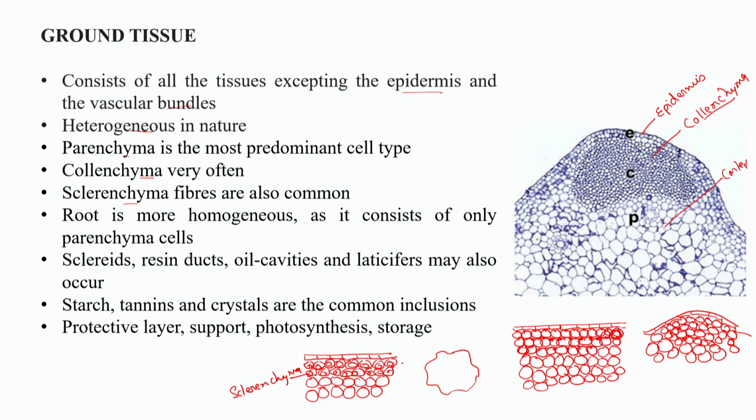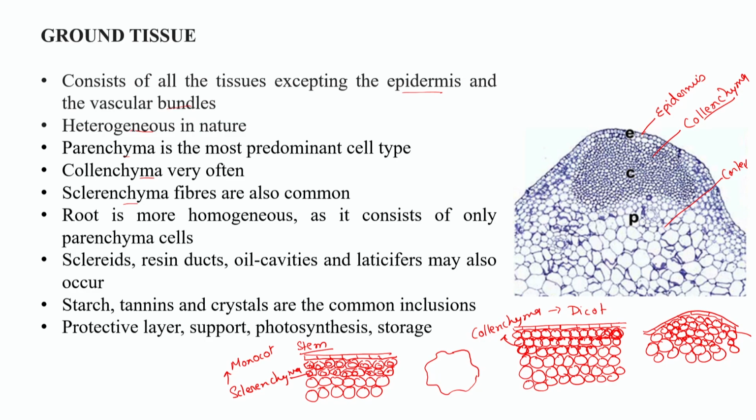Now, sclerenchyma generally you will find in the stem of monocot plants, whereas collenchyma is generally observed in dicots. Similarly, sclerenchyma you can have as a continuous layer or in patches. So these are basically found in the stem. These patch-like structures you can find in the stem of dicot and monocot plants.